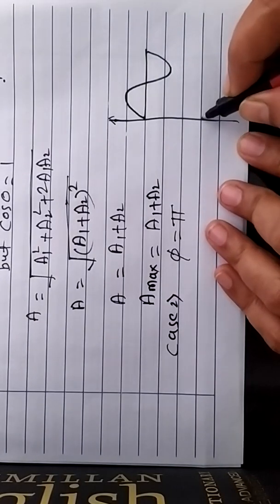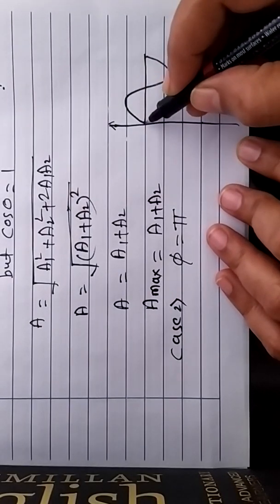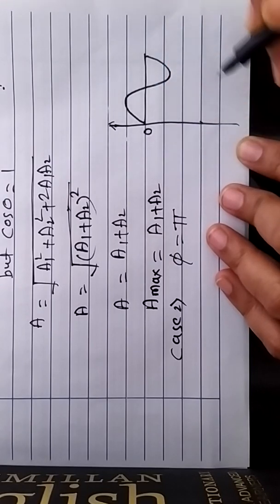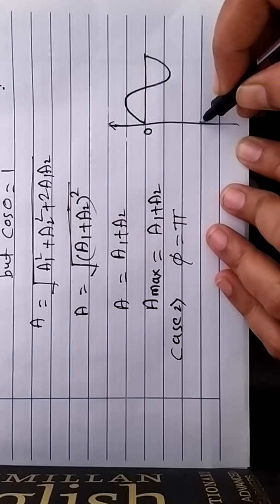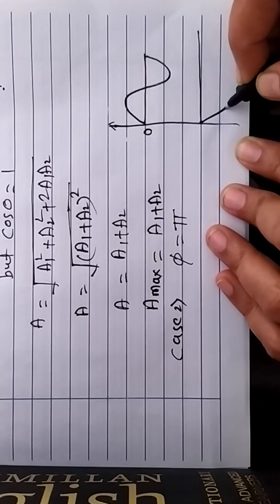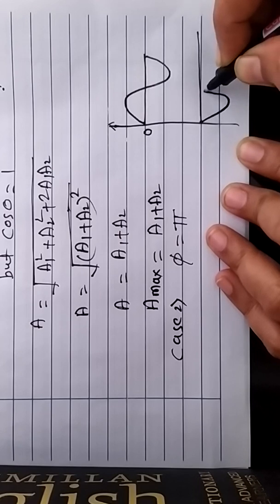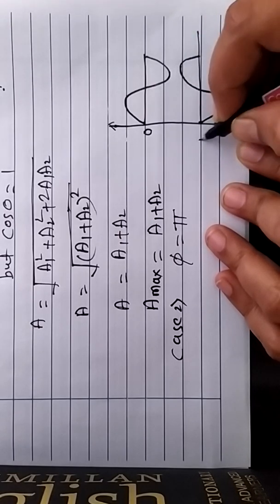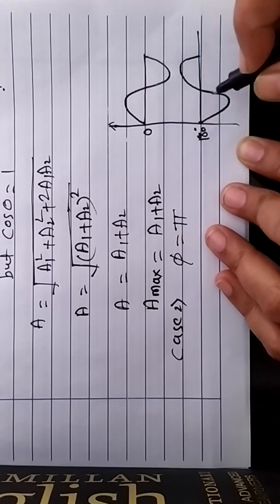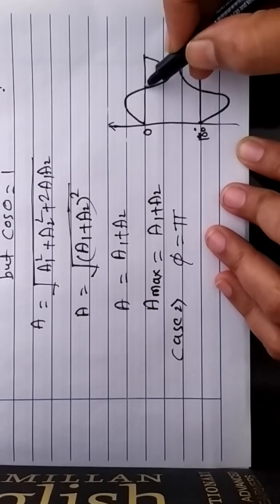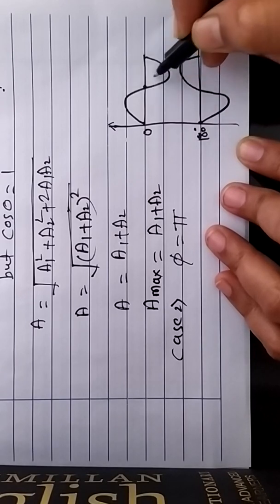Considering the two waves, one wave starts from 0 and the other wave starts with a phase difference of 180 degrees, so its crest is at 180 degrees.